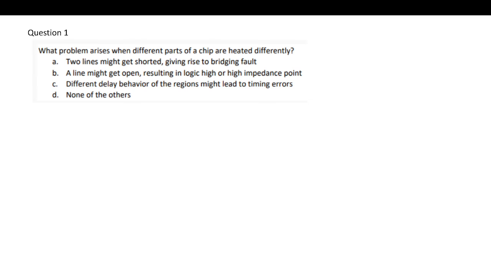Okay, now let's solve some questions from the previous year assignment. Let us consider a chip where a particular portion is getting heated up to a temperature T1, another to T2. What is the fault or defect or error that we are getting? What problem arises when different parts of a chip are heated differently?